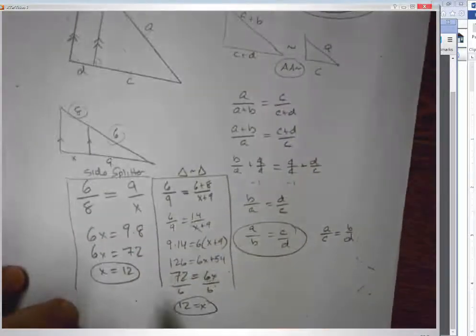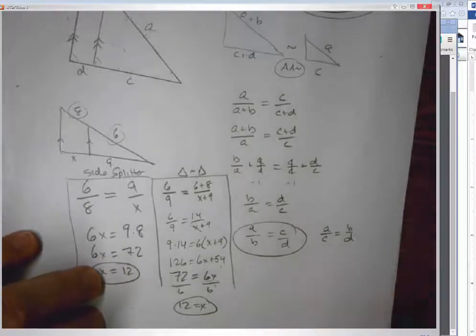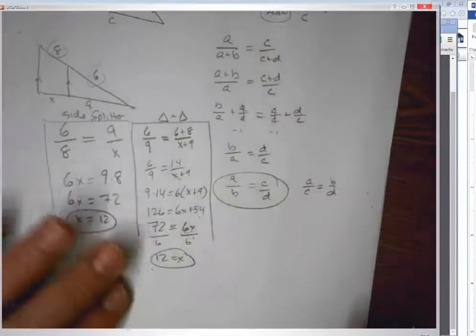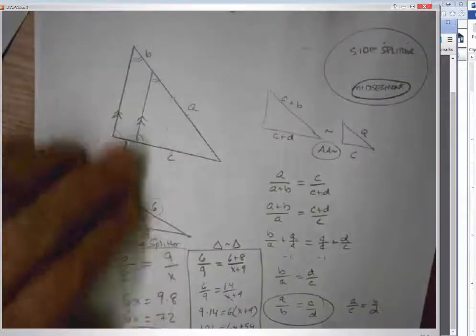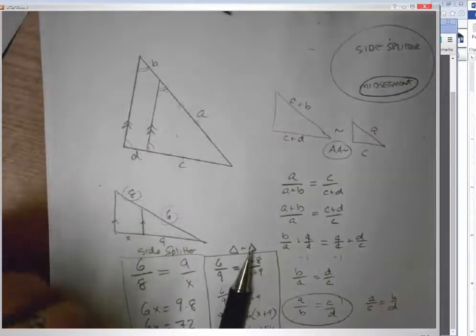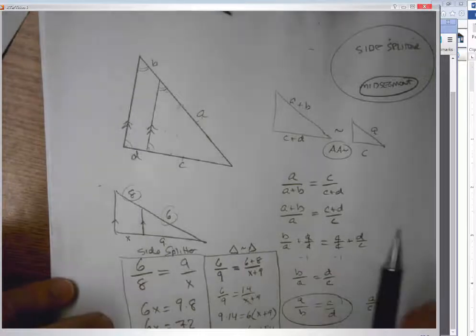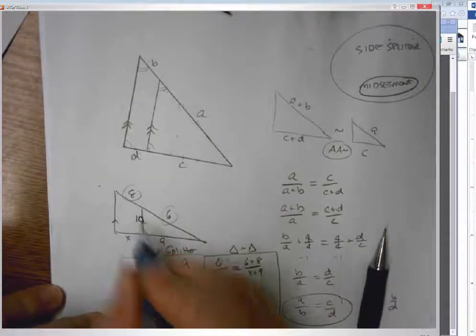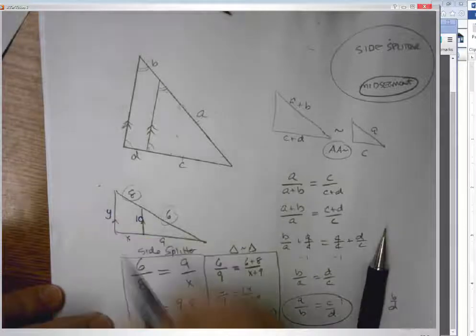In other words, we get the same result whether we use the side-splitting theorem or the similar triangles theorem. Now, of note, and to be cautious about, is the fact that some scenarios that look like side-splitter don't actually apply the side-splitter theorem. What if I were to give you this picture and tell you that this side is 10 and this side is y?